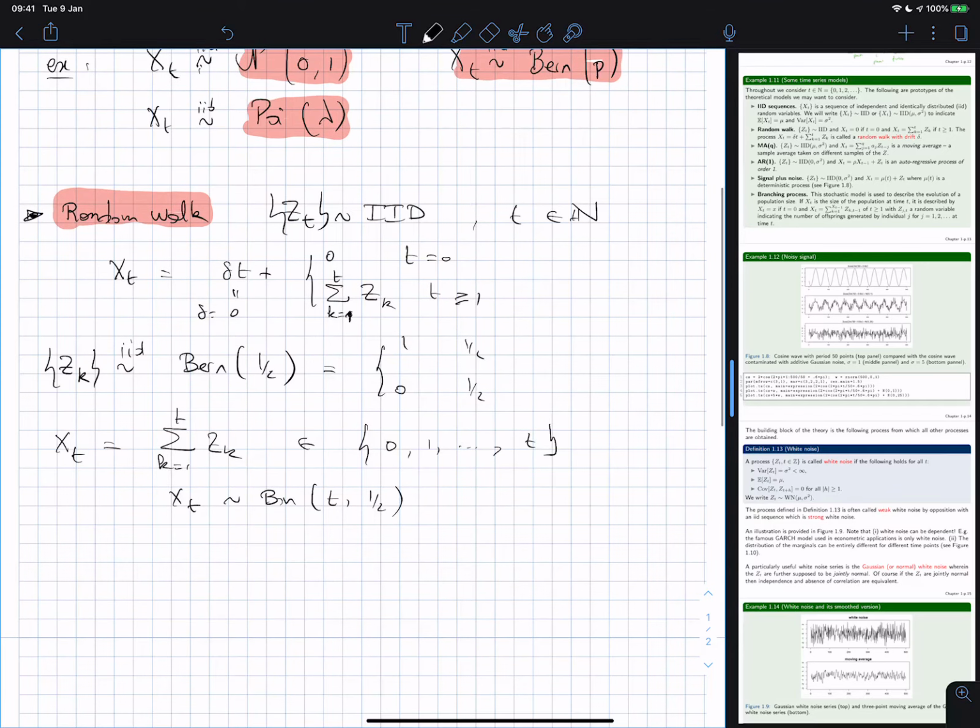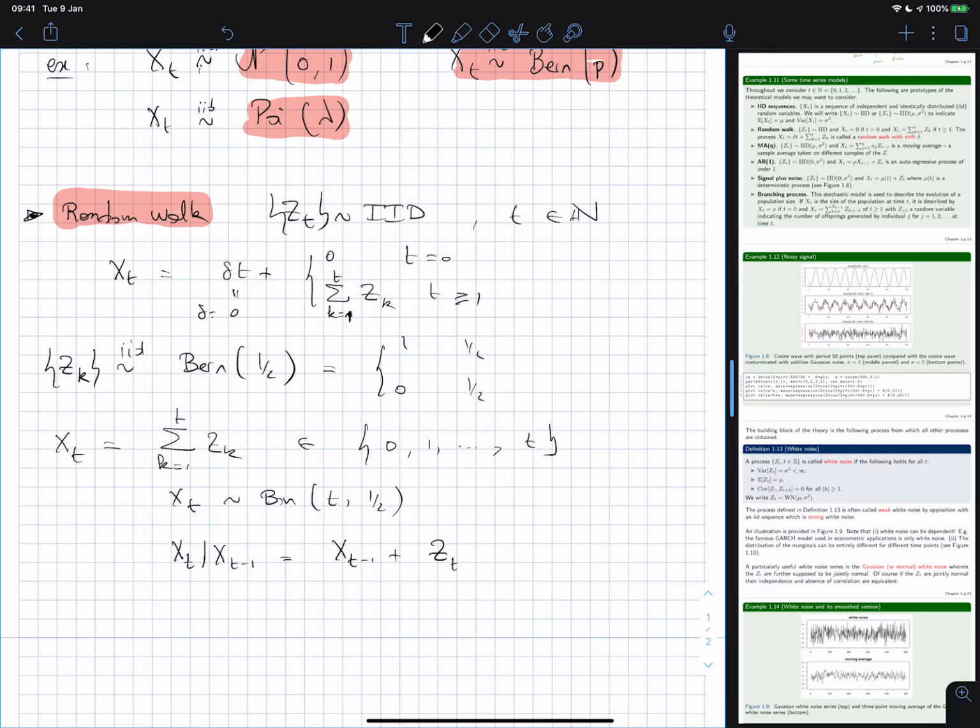Okay, great. So we have the distribution of the xt's, but of course the xt's are not independent. Because if I'm given xt minus 1, I know that xt is just xt minus 1 plus an independent noise, which would just be a 1 or a 0.